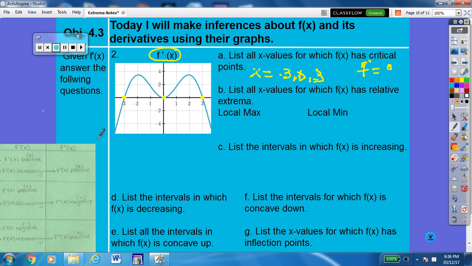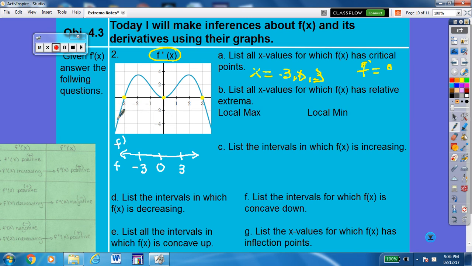See if this will allow me to make the chart. So I make my chart just like I would for the first derivative. And I put my CPs. Remember, our CPs are where it touches the x-axis. So I have 3 of those. -3, I have 0, and I have 3. And what I do is I look at the y values of the first derivative.